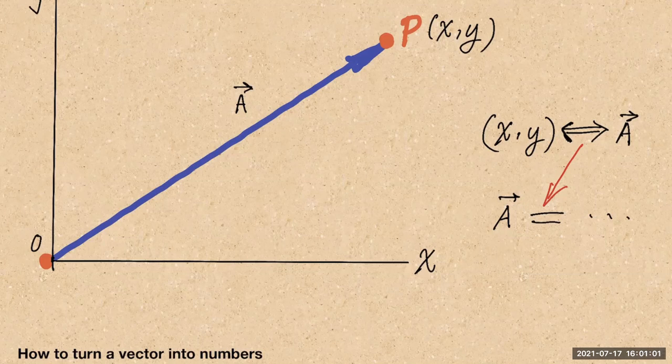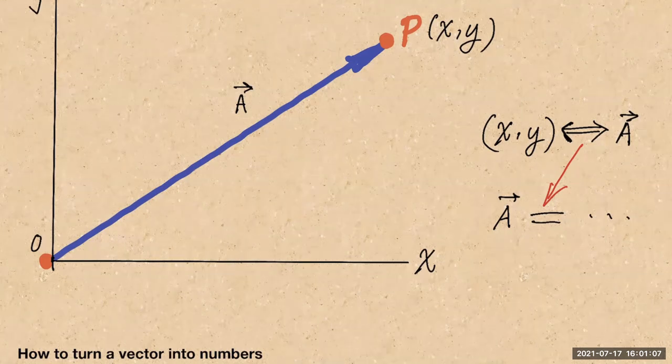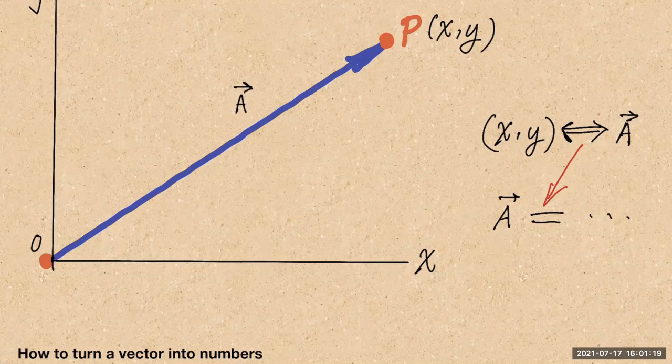So let me show you how we do that. This vector A, I'm going to break it down into two simpler vectors. They're simpler because I know precisely their direction already. One is along the x direction, the other is along the y direction. So this is what I'm going to do. I'm going to take the first of these two vectors to be along the x direction, so I'm going to draw something like this.